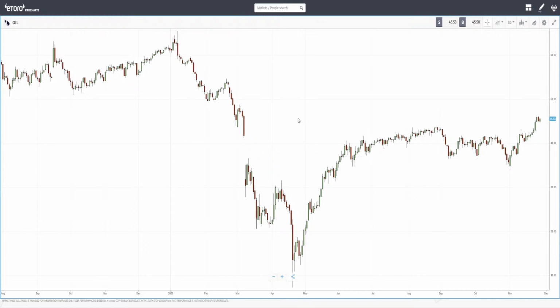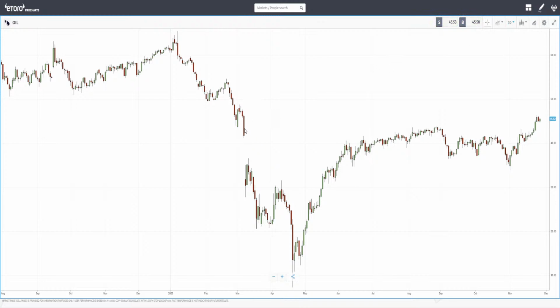So when you get to this chart and you haven't added any technical indicator whatsoever, you're just left with the pure price action, in this case of oil. We are in the daily chart, and you can see that because you have 1D here, which is 1 day.